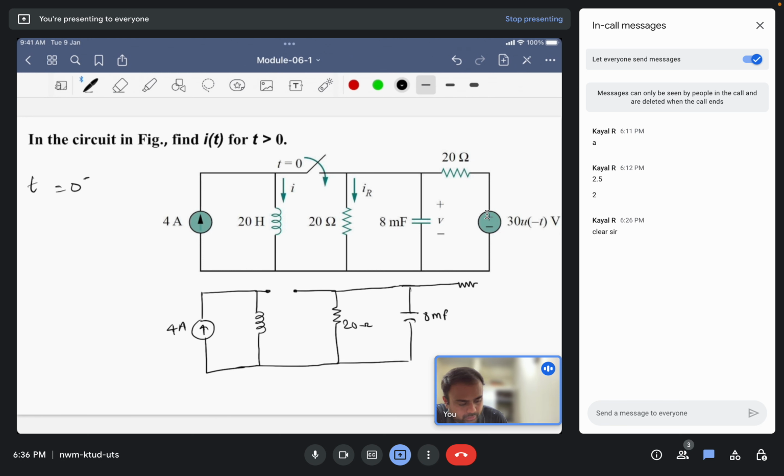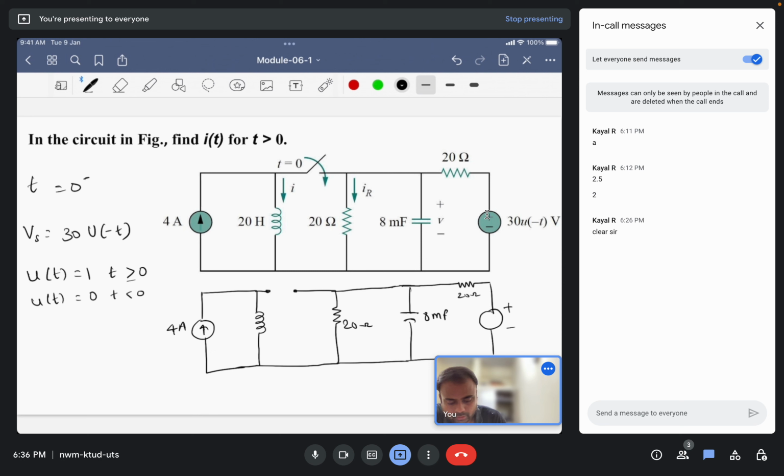So the source here is a voltage source Vs as 30 U of minus t. So this is a step signal. A step signal is defined by U of t equal to 1 for t greater than 0 and U of t equal to 0 for t less than 0.